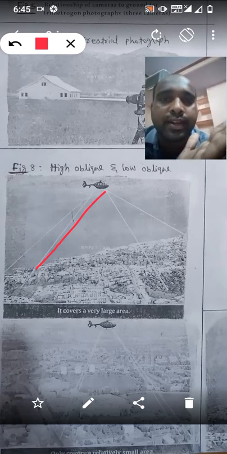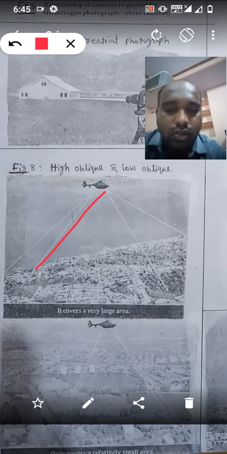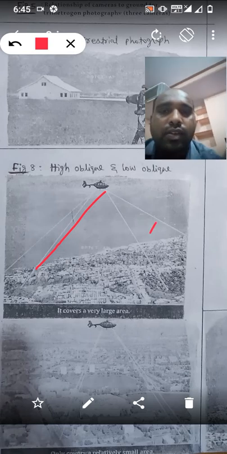So that is the oblique. Vertical indicates 90 degrees, oblique indicates other than 90 degrees, not perpendicular. So that is the oblique. In oblique we are seeing the first one.